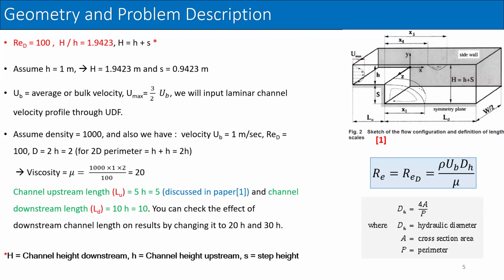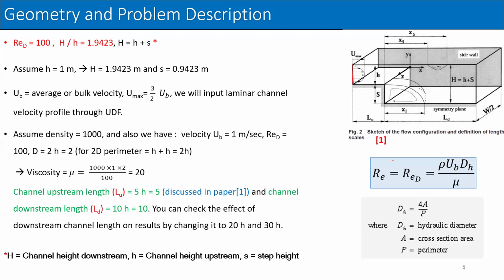So this is equal to the bulk velocity, that is the average velocity because we are applying the velocity profile, times the hydraulic diameter, and that is equal to 2h for this case, the small h, divided by viscosity.